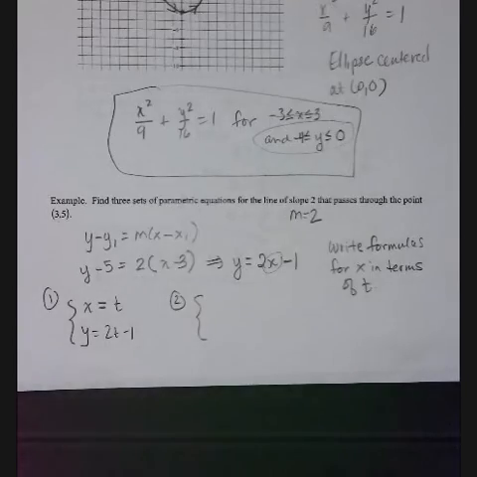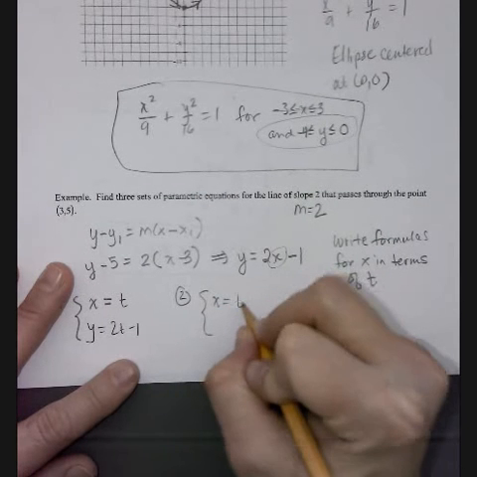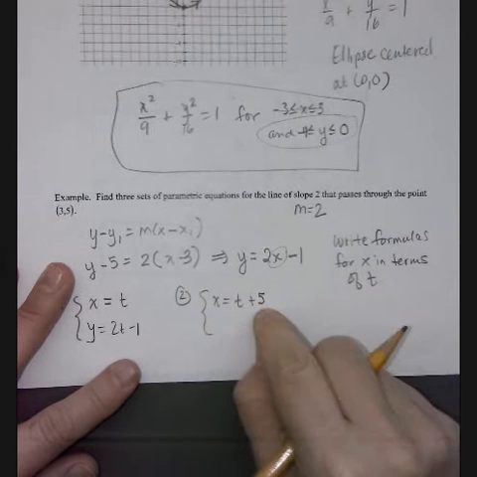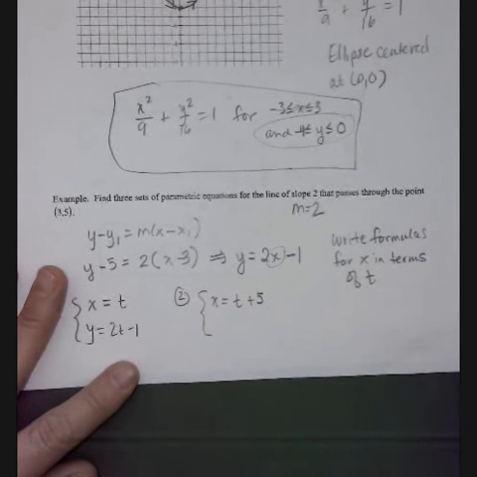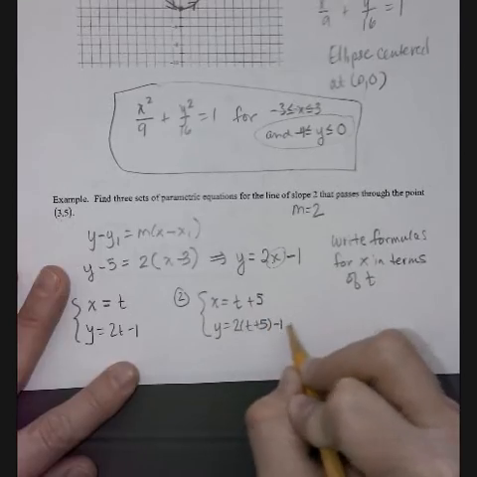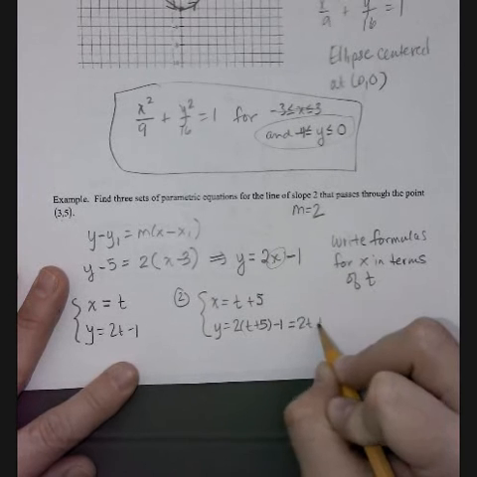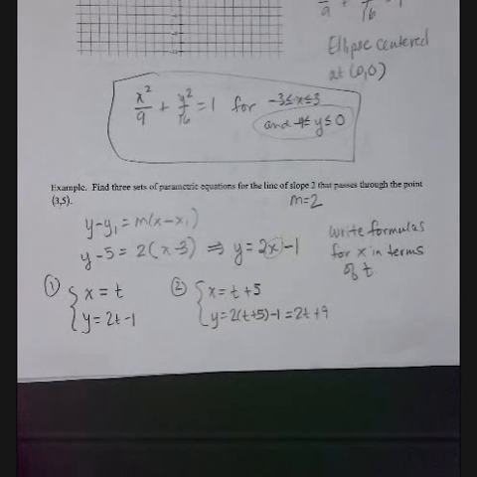So maybe pick something like x equals t plus 5, then x will take on all values. So y equals 2 times t plus 5 minus 1, or 2t plus 9. So there's another set.